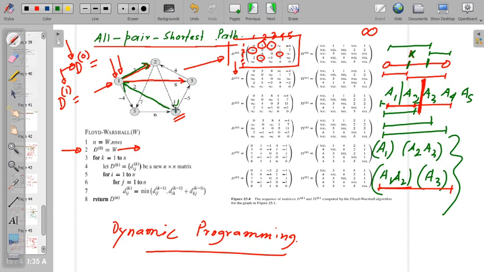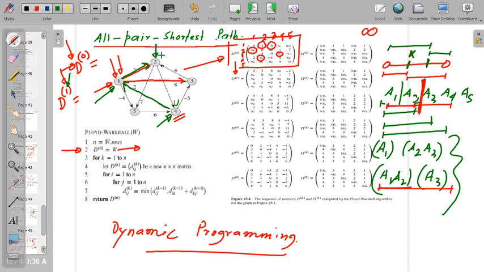But previously, 4 to 2, we didn't have any path. But once this 1 is discovered, that means via 1, I can reach from one vertex to some other vertex. There is a path.